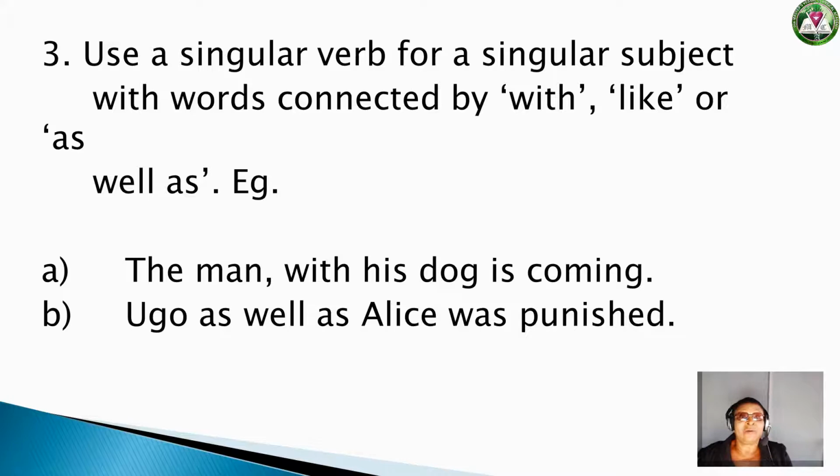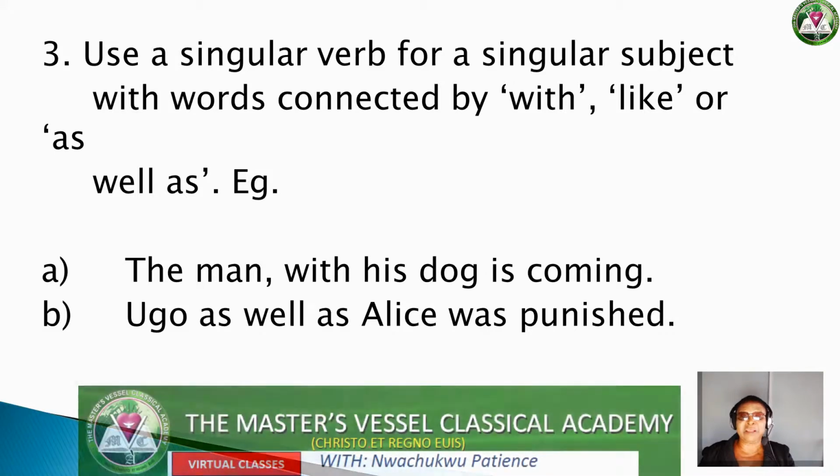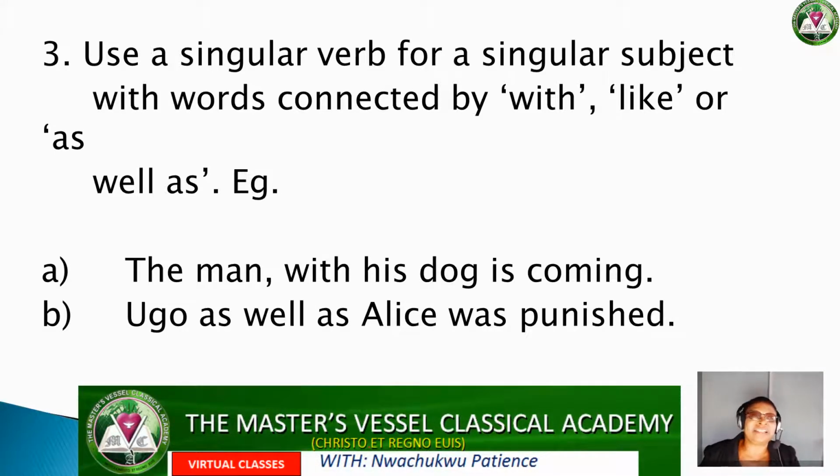Remember, we are asked to use a singular verb for a singular subject with words connected by as well as. My dear ones, don't say that after all, we have Ugo, we have Alice in sentence B. Maybe you might be deceived that the sentence is talking about two people.